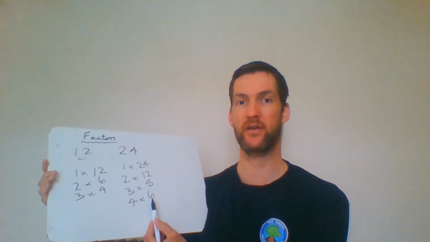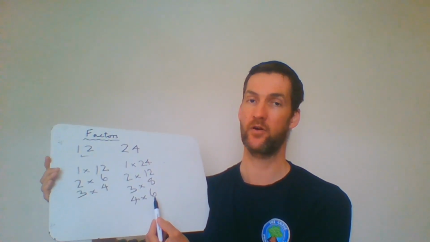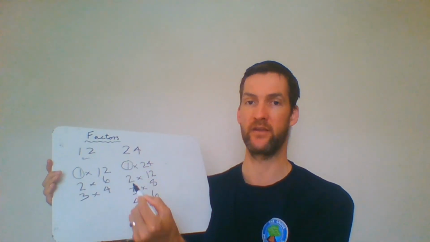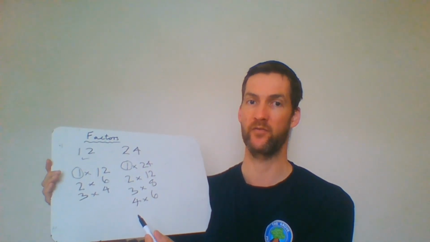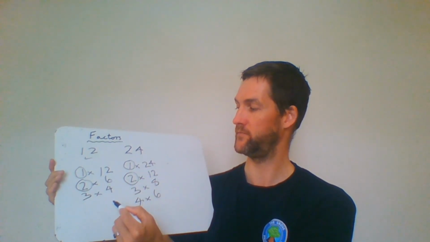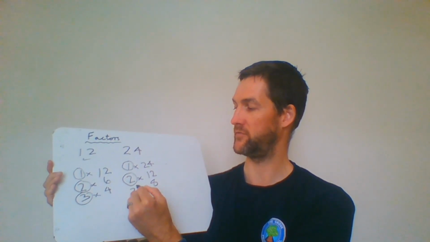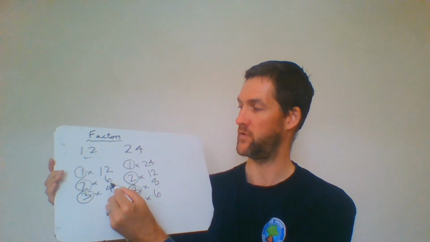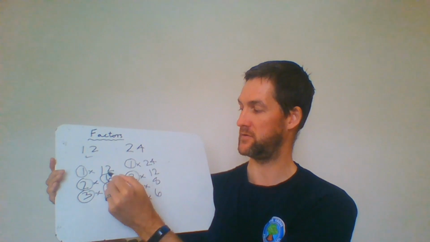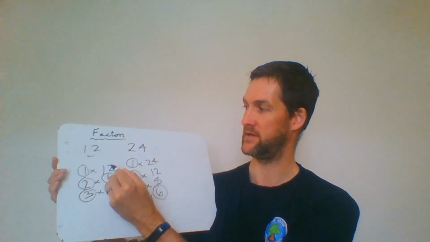So let's have a look at the common factors. Well, 1 is always going to be a common factor of any number. We've also got 2. We've also got 3. We've also got 4. We've also got 6.